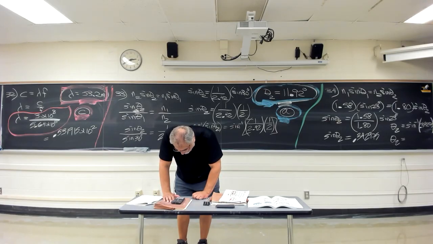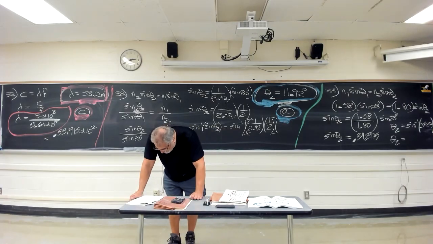I got 20.058237, so 20.06 degrees. They're probably just saying 20. No, they're rounding 20.058 to 20.1 degrees.